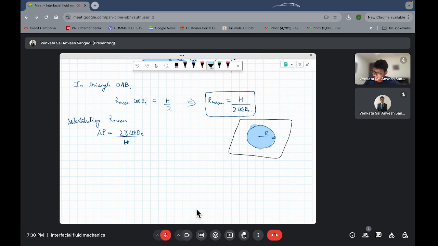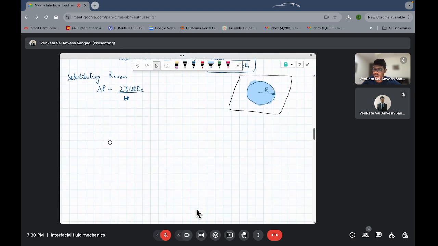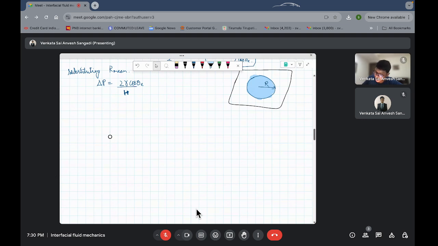The force of adhesion will come from multiplying this extra pressure with the area, which is equal to 2 gamma cos theta e by h into pi r square. Therefore F adhesion comes out to be 2 pi r square gamma cos theta e by h.